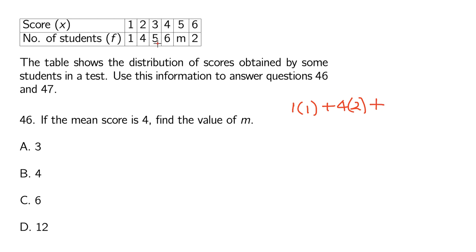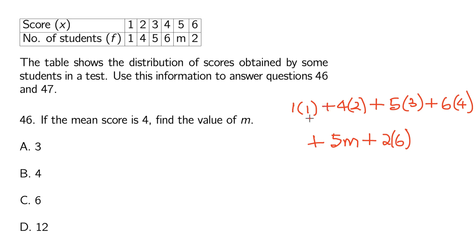Then we have 5 persons who got a score of 3, so 5 times 3. Then we have 6 persons who got a score of 4, so 6 times 4, plus m persons who got a score of 5, so that's 5 times m. And then we have 2 persons who got a score of 6, so 2 times 6. This is the total score.